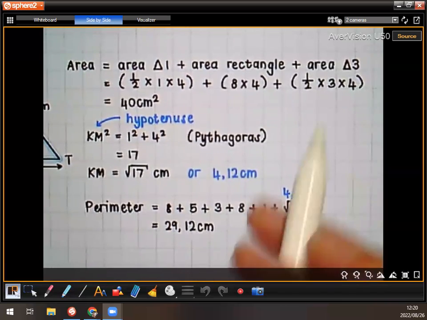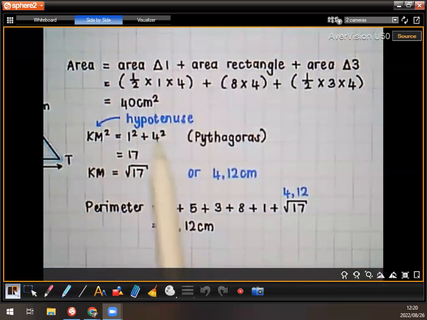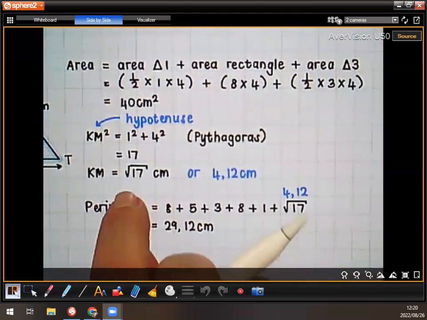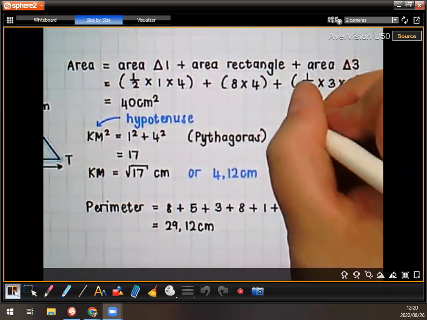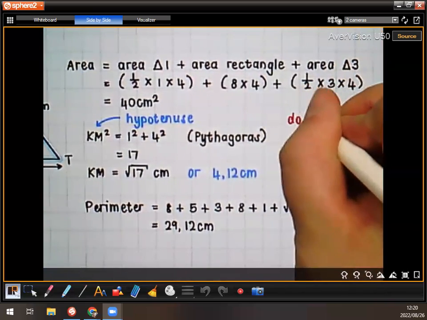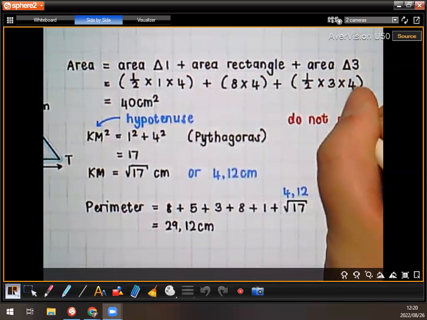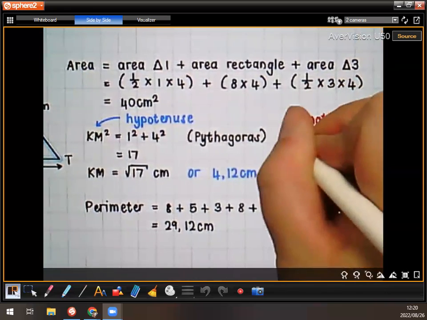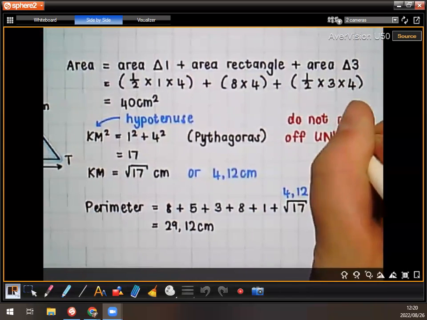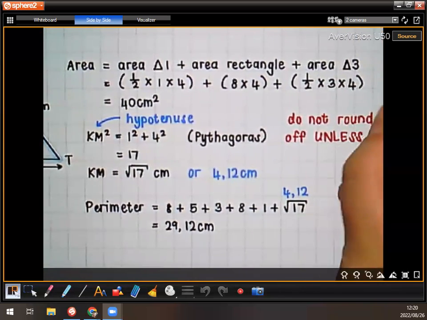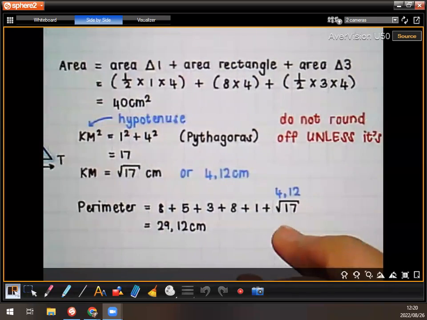Okay, so I want to urge you that if you are doing in-between calculations, rather leave your answer in the square root. Okay, I'm going to write it here. Do not round off unless it's the final answer.